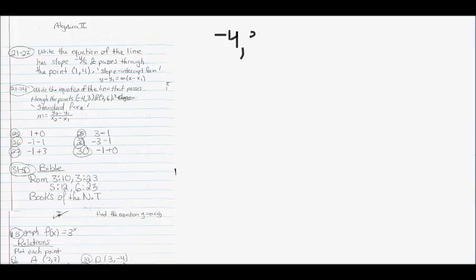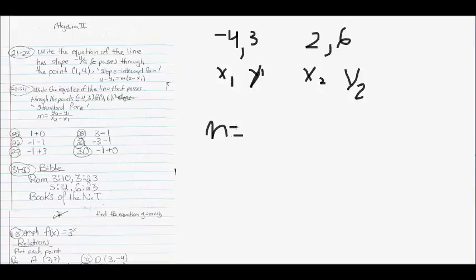Next is write the equation of the line that passes through points. Okay, so we have negative 4 and 3, and we have 2 and 6. Once again, this is our x1, this is our x2, this is our y1, and this is our y2.